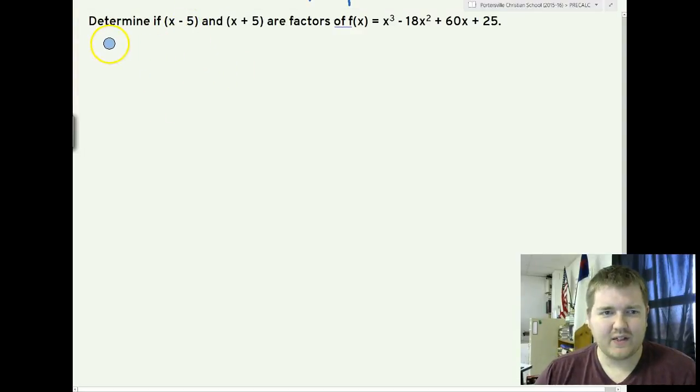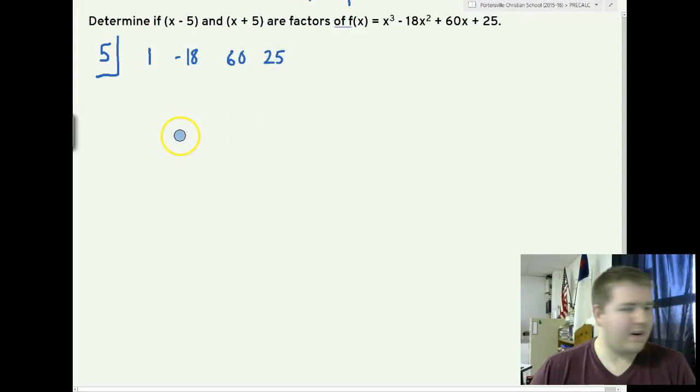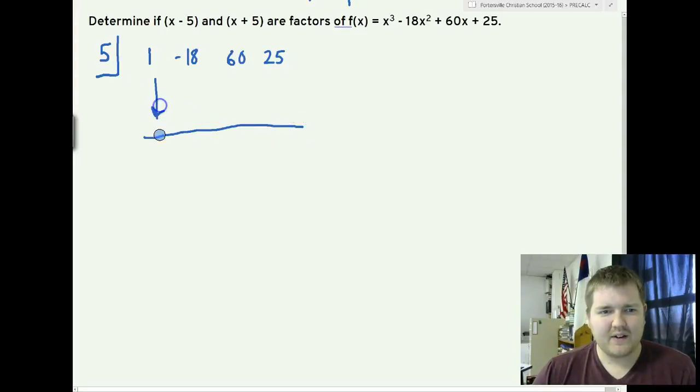So for the first one, let's put 5 up here, and when we're taking our polynomial, we have 1, negative 18, 60, and 25. And when we put our fence down here, the 1 comes down. 5 times 1 is 5.